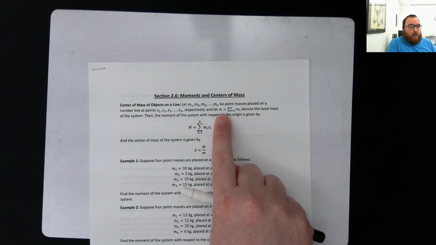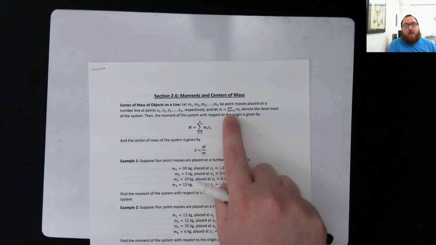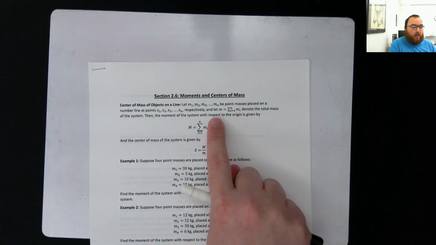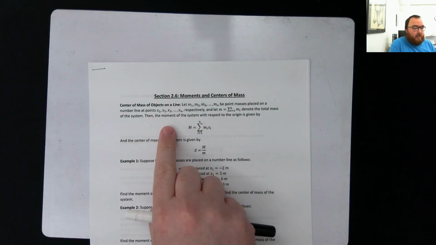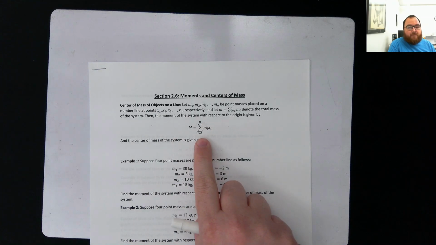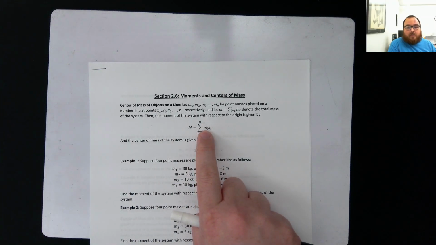Let the lowercase m be equal to the sum of the masses. So lowercase m is the total mass for those points. And then the moment is the sum of every mass times where it is on the line.